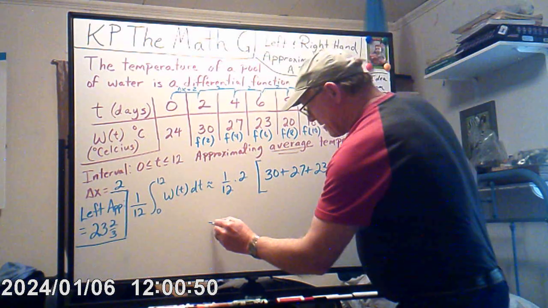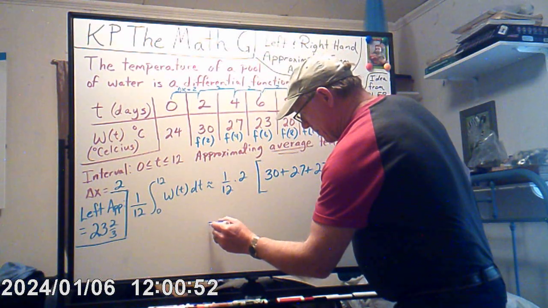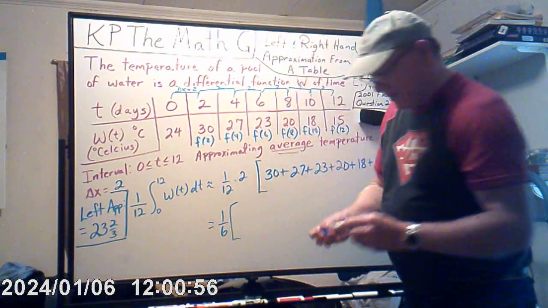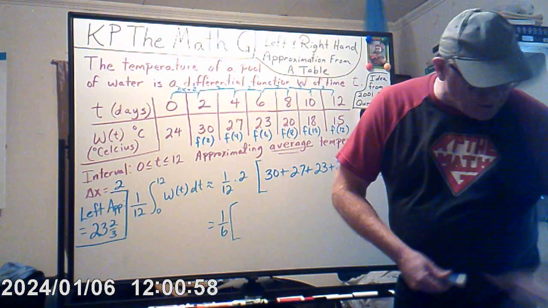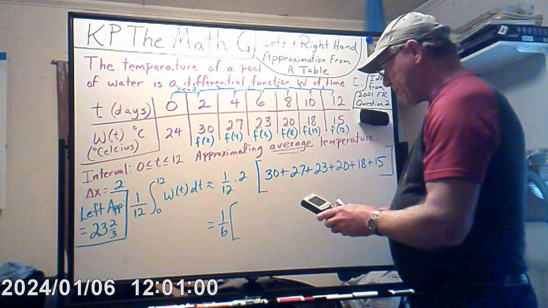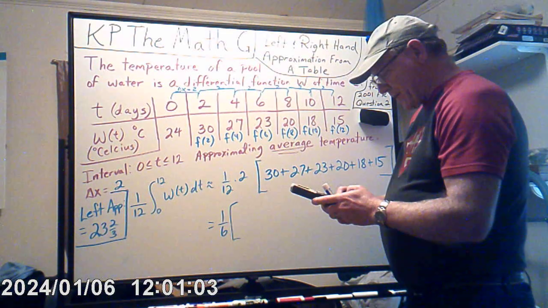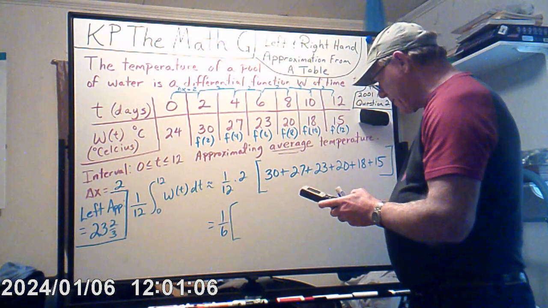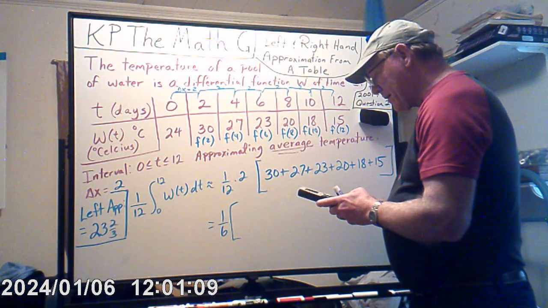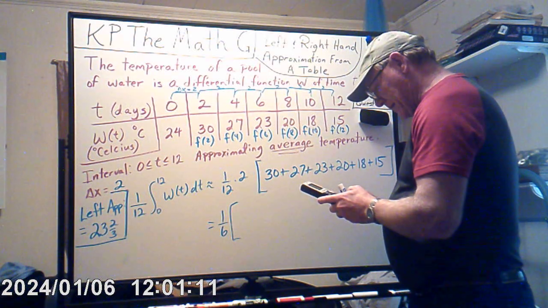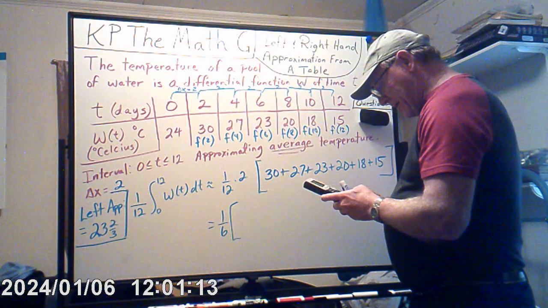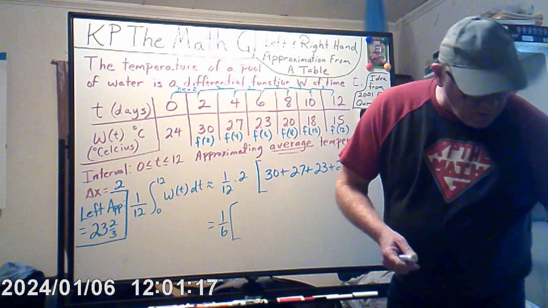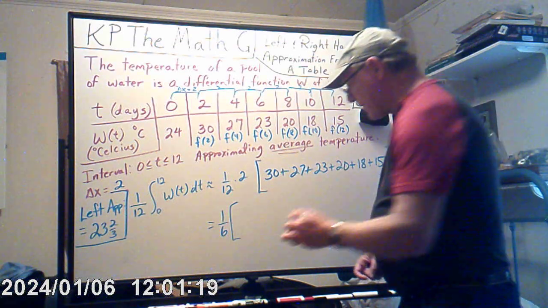Alright, so this is equal to 1/6 times, okay, and let's see here. So very quickly, 30 plus 27 plus 23 plus 20 plus 18 plus 15 equals 133. Alright, so 133.